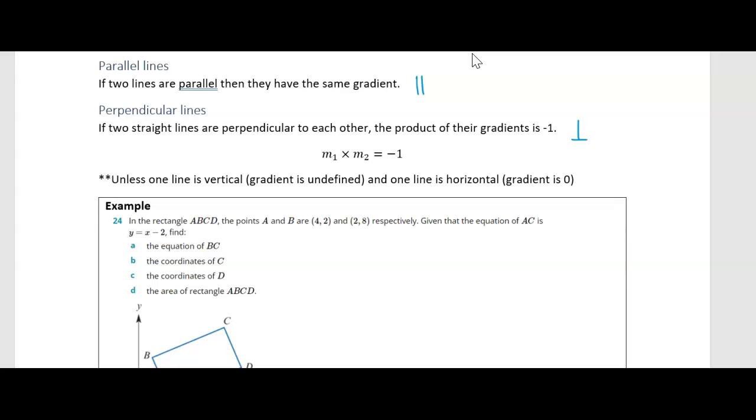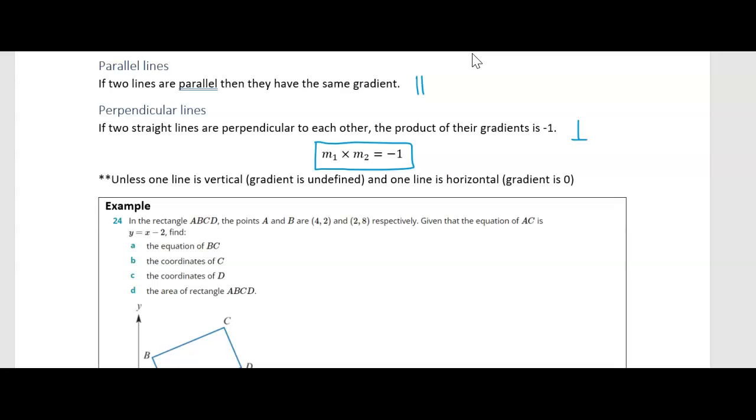Now, perpendicular lines, their gradients, you can use this formula here to work out whether they're perpendicular, or to calculate what the gradient is if it is perpendicular. But basically what you do is you take the negative reciprocal.